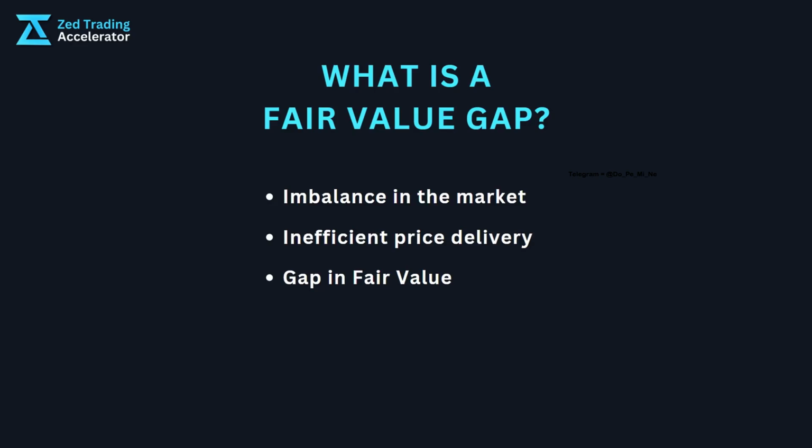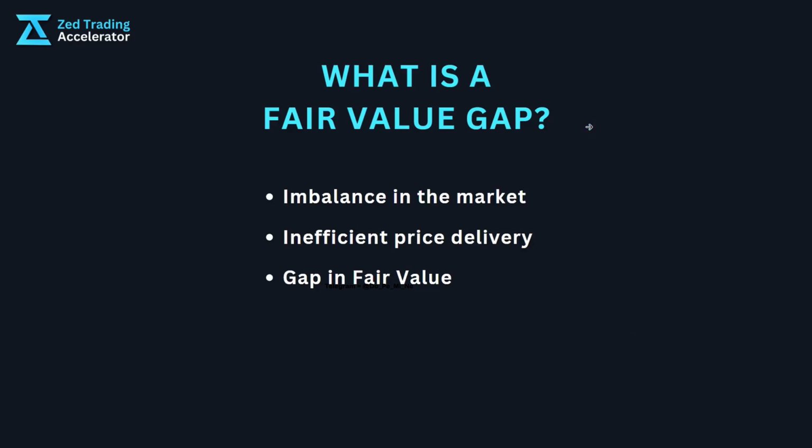Next one is, a fair value gap is an inefficient price delivery. What does it mean? I told you that the algorithm always tries to seek balance in price delivery. The algorithm always tries to give a chance to both the buyers and sellers. If the market has only gone lower, that is not how the algorithm works.